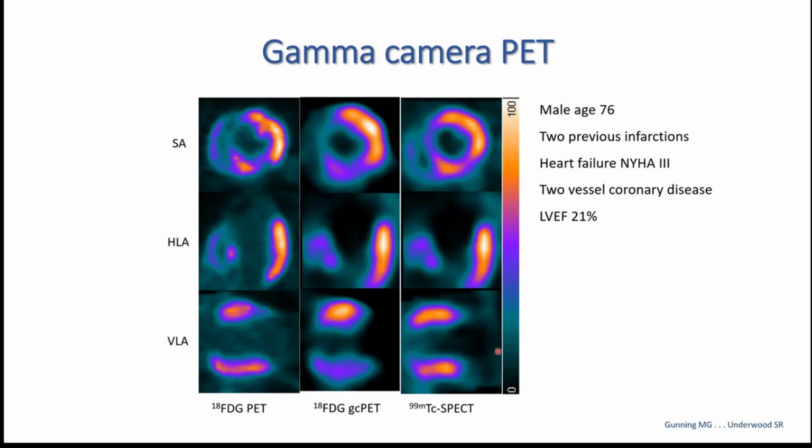If you look at this patient with a big apical transmural scar, you can see that the signal for viability between the different imaging techniques is really identical. So we believe that SPECT, when properly applied, may be as good as PET for looking at viable myocardium.